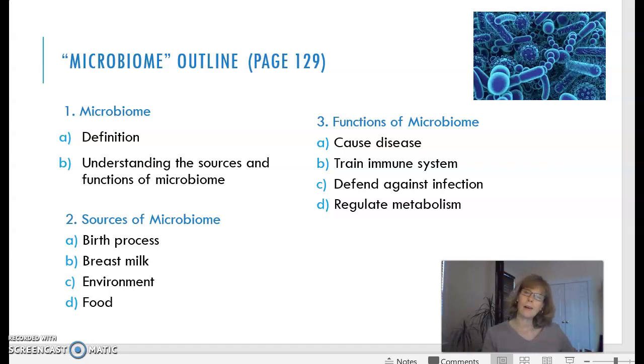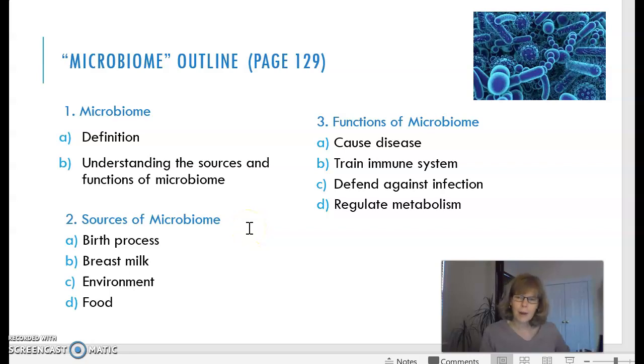So here's my outline of the 3 paragraphs, right? The first paragraph is a definition of microbiome. I see that's helpful, talking about the microbes that are all around and in our bodies. They also give us the main idea. We're trying to understand the sources, the origins, and the functions.